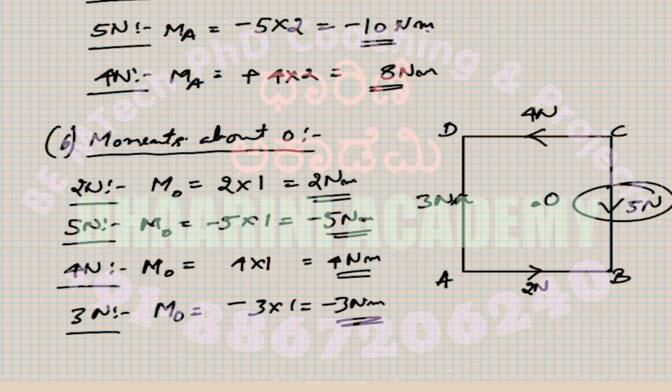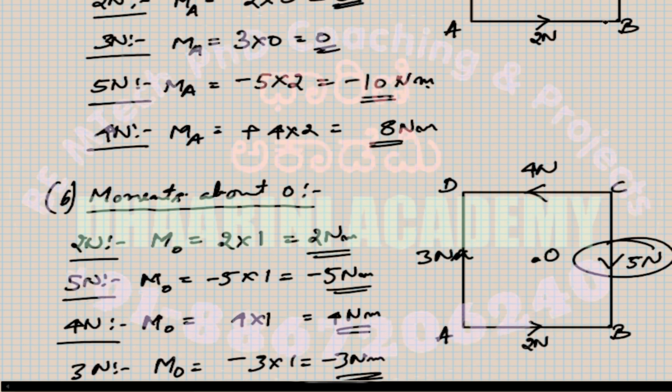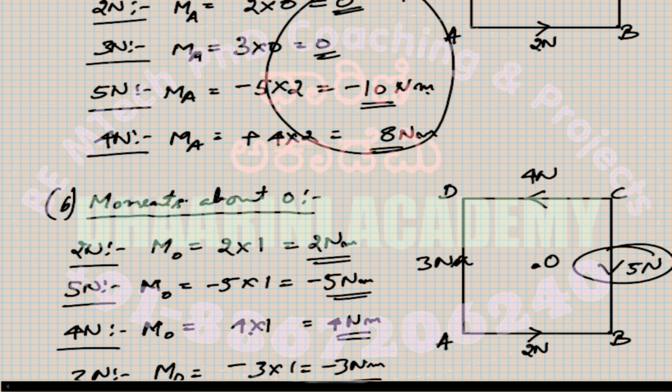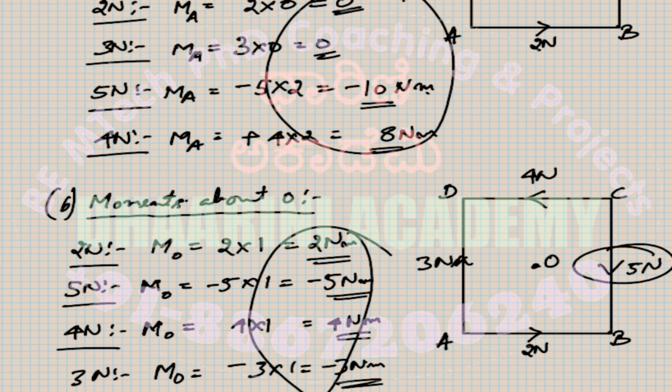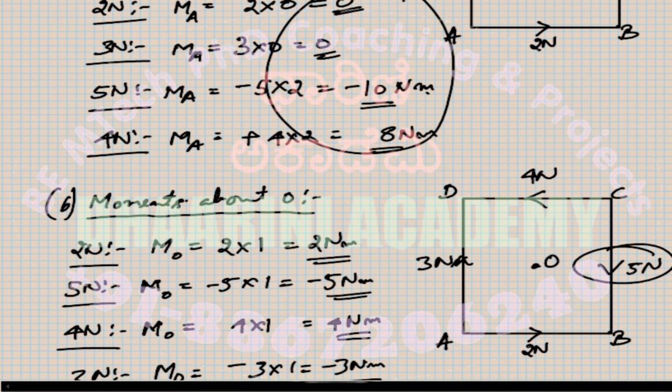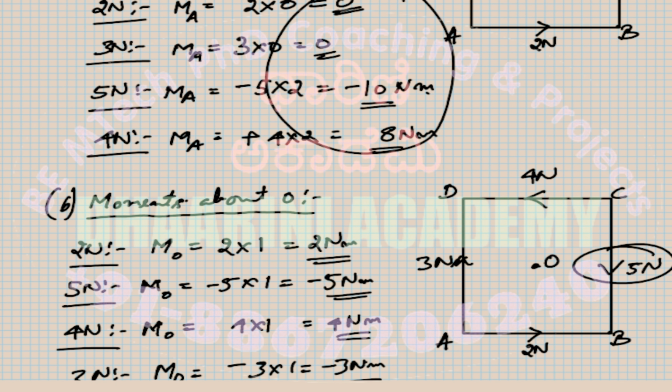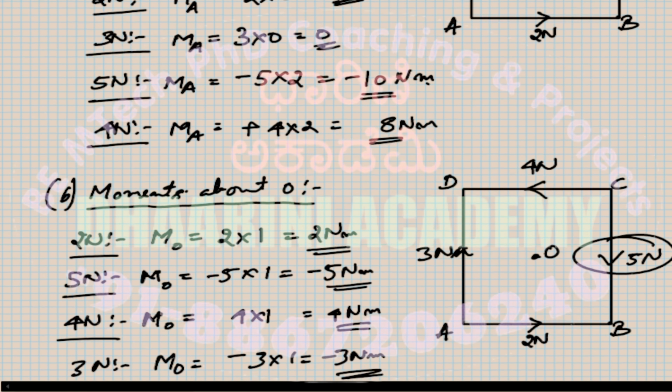So you see, as we change the reference point, we get different answers. The first part is different, the second part is different. You can extend this and measure the moments about B or C or D as per the requirement. Okay, so that is this question. Let's move further.